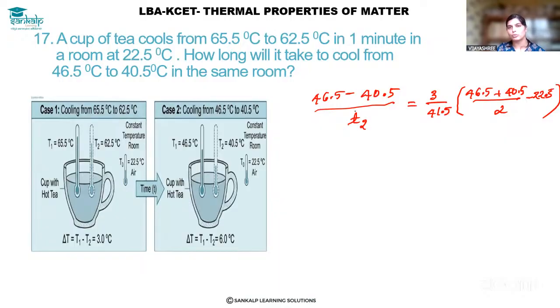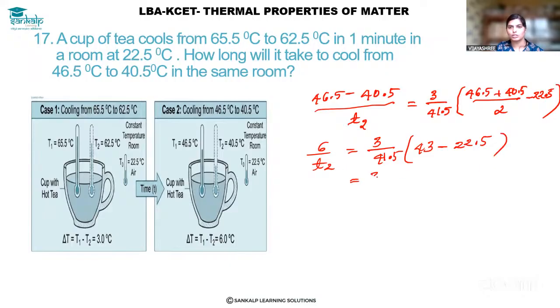46.5 minus 40.5 is 6 degrees Celsius, so 6 by t2 is equal to 3 by 41.5 into 46.5 plus 40.5 divided by 2, taking the average, which is 43 degrees Celsius, minus 22.5, the surrounding temperature.